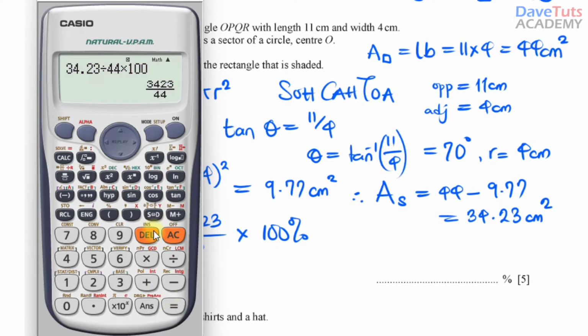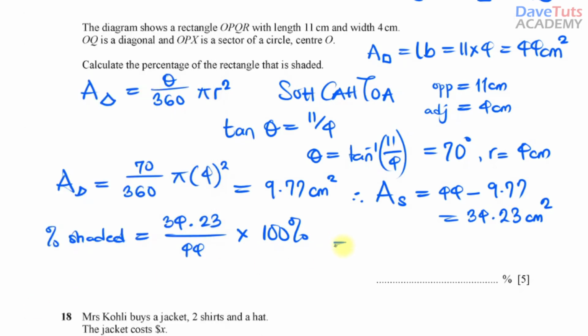What is that going to give us? 77.79. So this is 77.79 percent. But to put it in three significant figures, that will be 77.8 percent. That is going to give us the answer to this question.